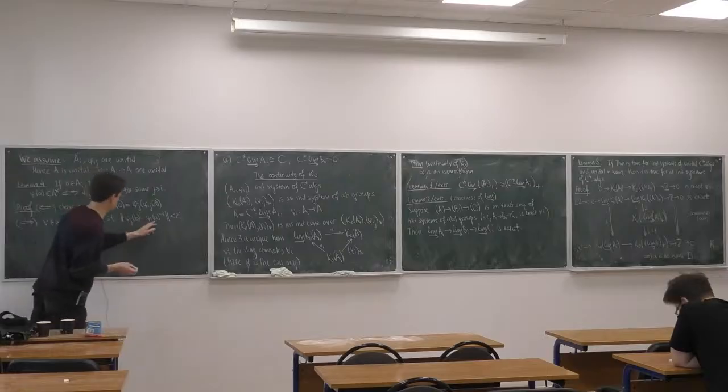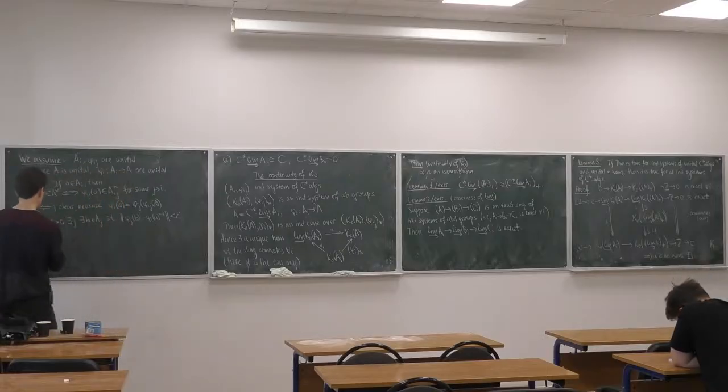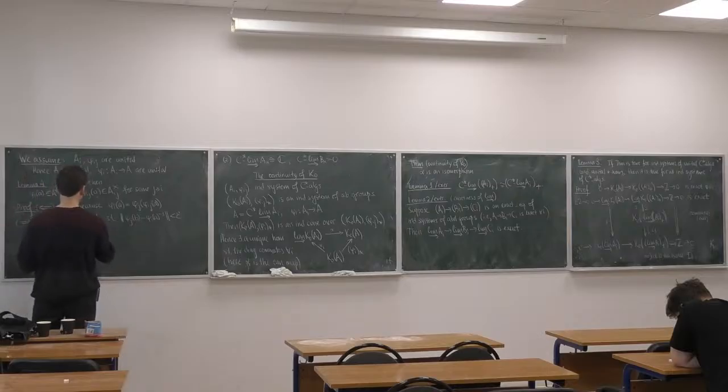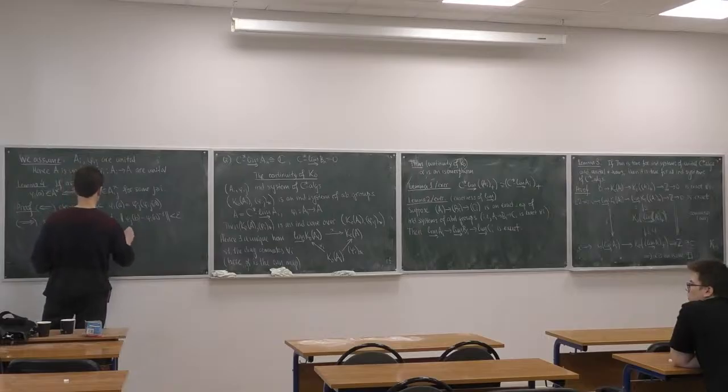If I now multiply this by phi_i of a, we see that phi_i of a times phi_j of b minus 1, by multiplicativity, is less than epsilon times the norm of phi_i of a.